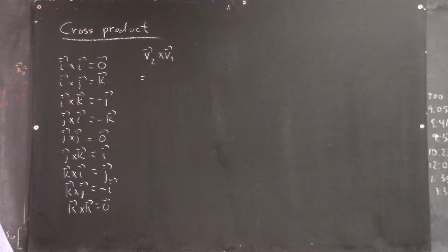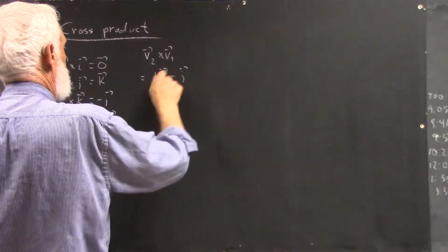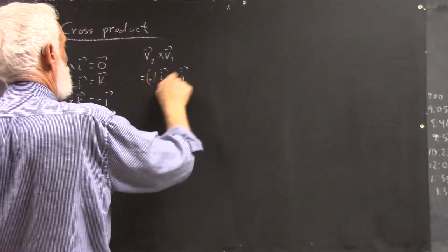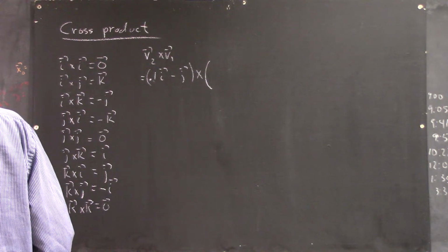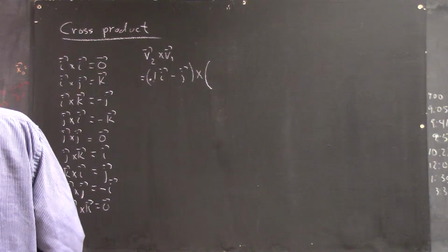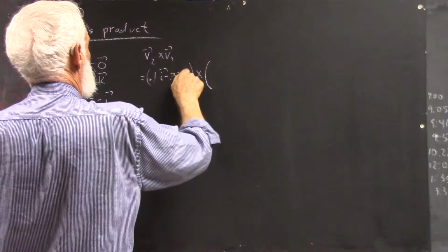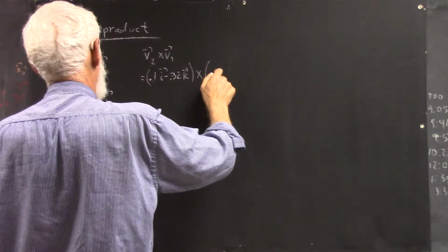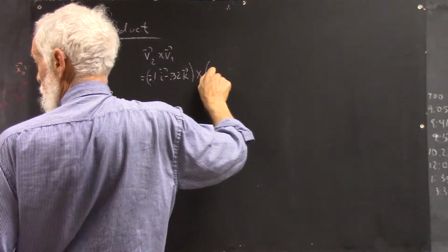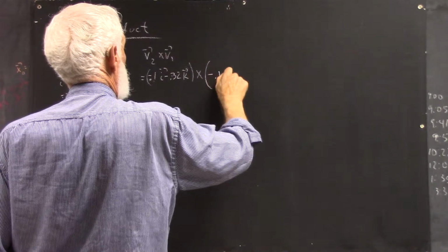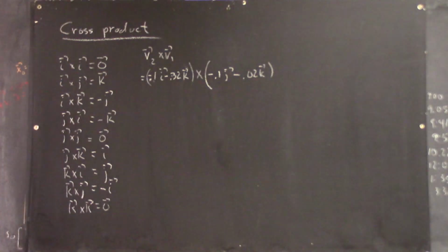Okay, so V2 is 0.1 I minus J. I'm sorry, there's no J because it's gone in the J direction, 0.32 K. And we're crossing that with, and it's negative 0.1 J minus 0.02 K, right?